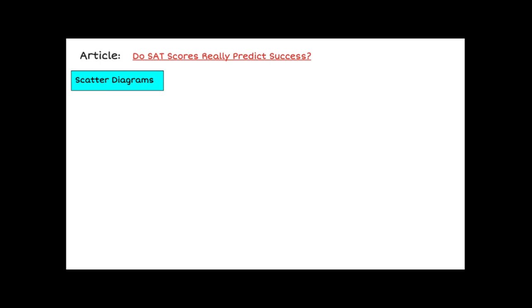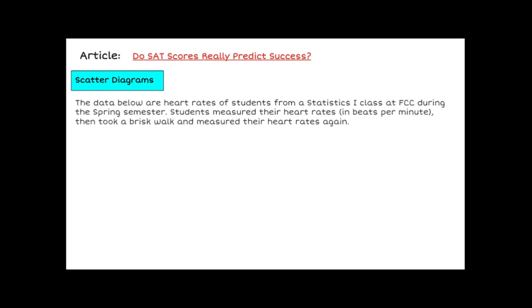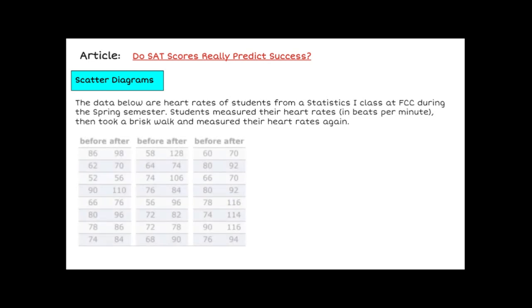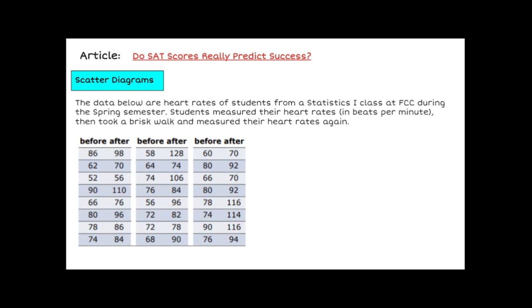So let's have this scenario. The data below are the heart rates of students from a statistics 1 class at FCC during the spring semester. Students measured their heart rates in beats per minute and then took a brisk walk and measured their heart rates again.